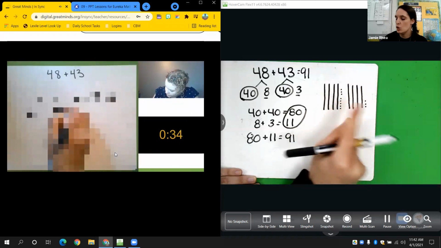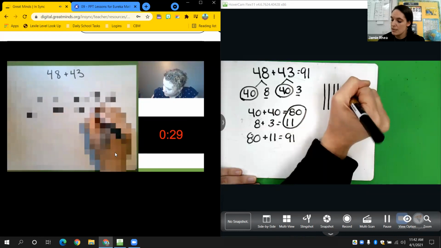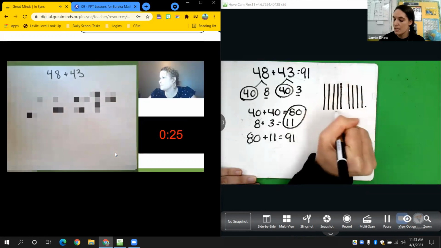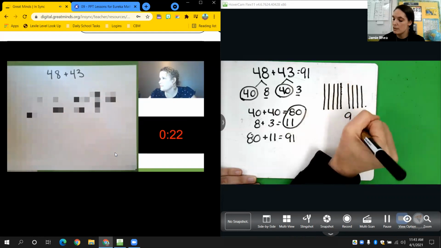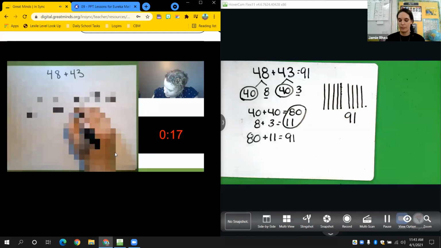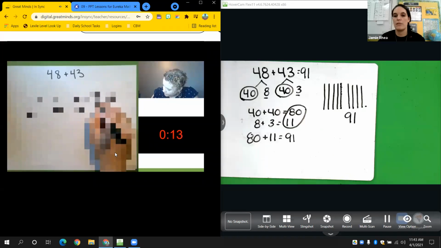I know that I need 2 more ones to make this a 10. Now I have 5, 6, 7, 8, 9 ones, or 9 tens and 1 1. Again, you could have done any of the strategies we know in order to solve this.